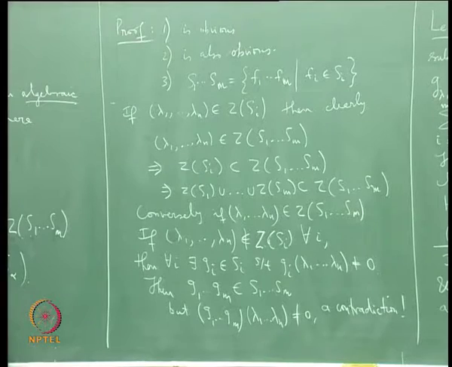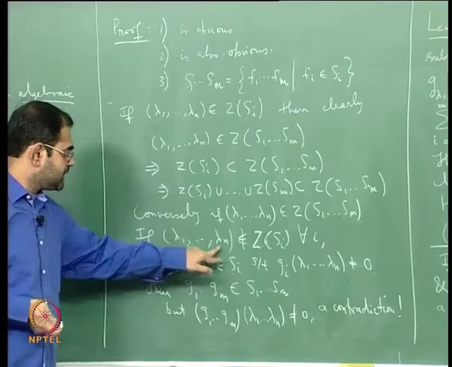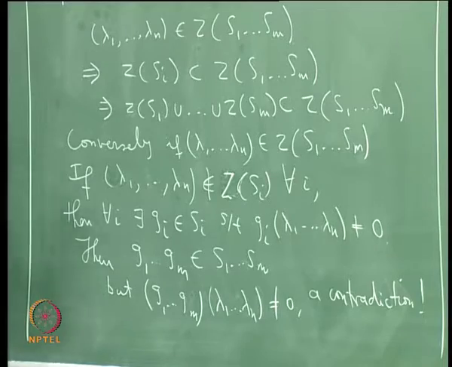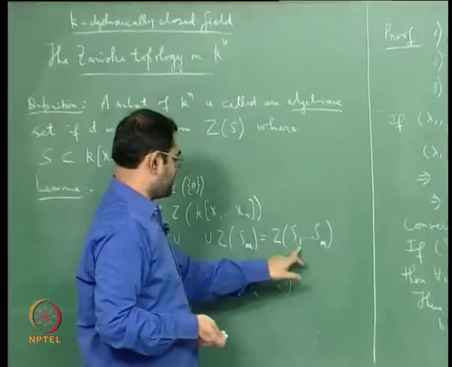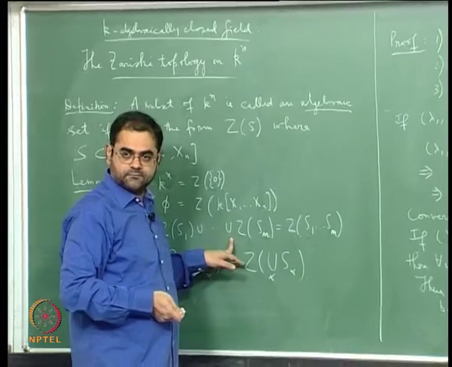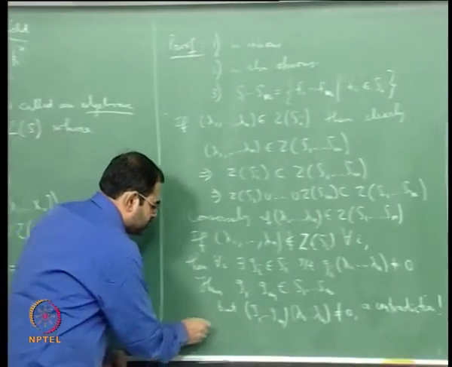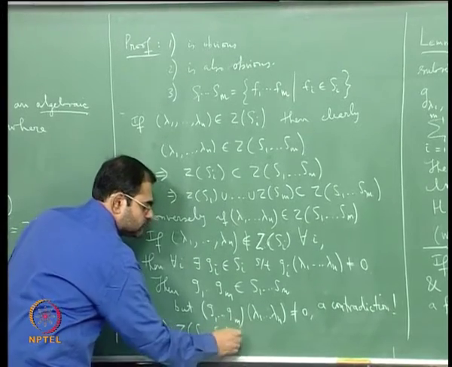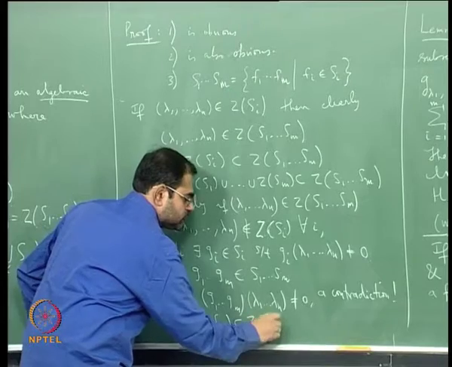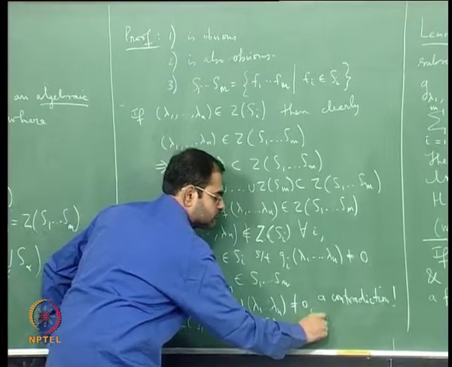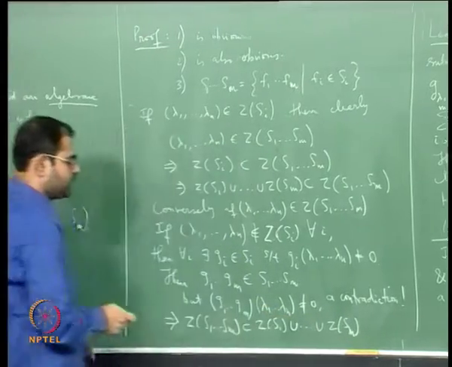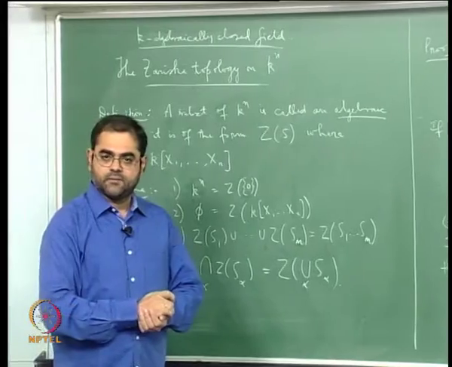So what this tells you is that this n-tuple has to belong to some Z of Si. That gives you the inclusion of this into this and we are done. It is a pretty simple argument.